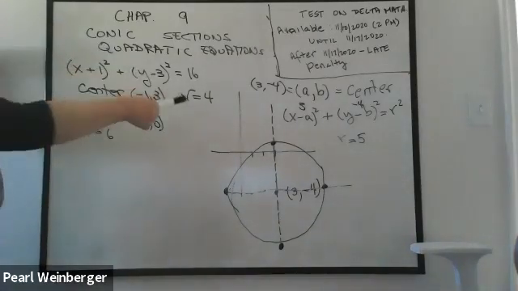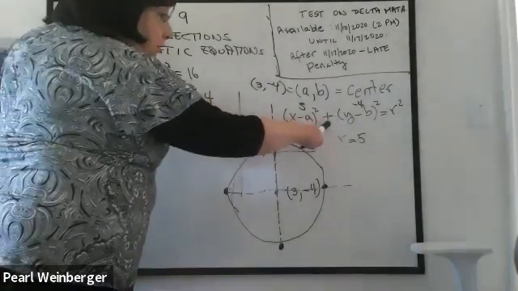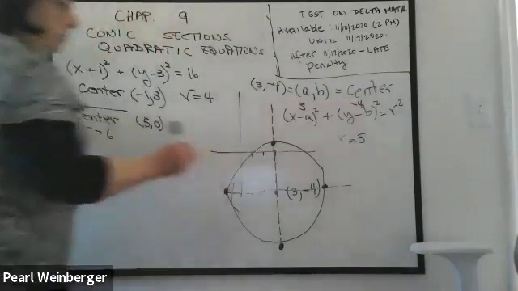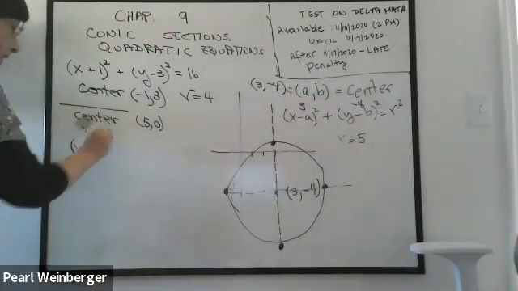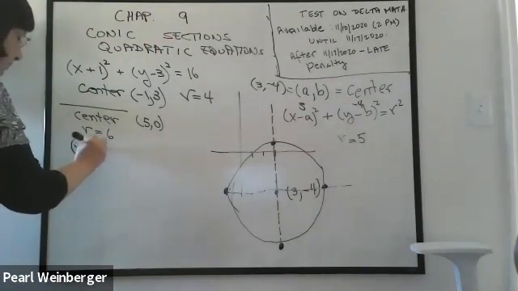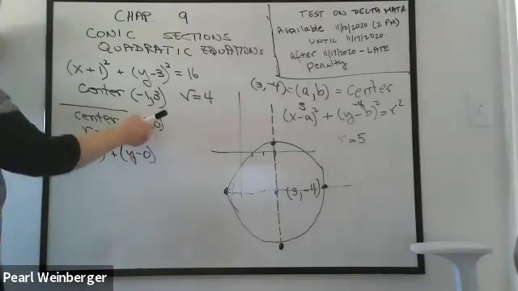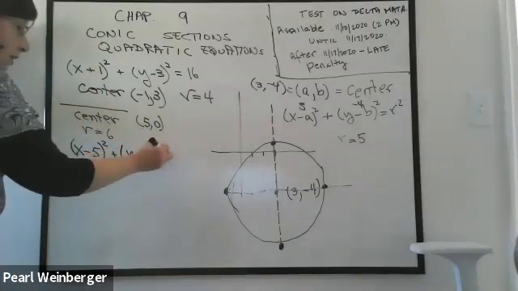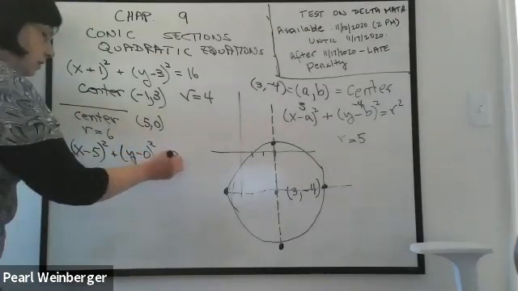Okay, so we're going to remember the equation of the circle is x minus a squared plus y minus b squared equals r squared. So it's going to be x minus 5, it's always the opposite sign, squared, plus y minus 0, because this number is 0, squared, equals 6 squared, which is 36.